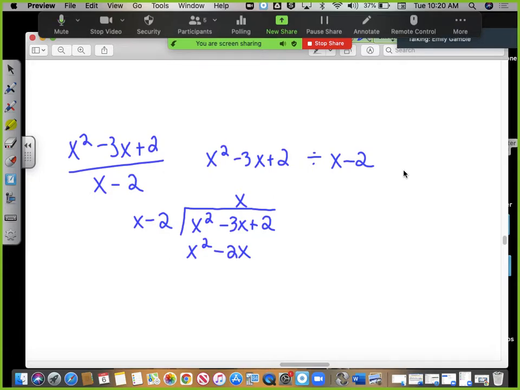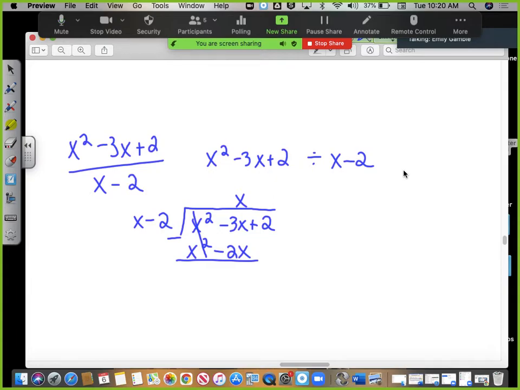The next process in long division is to subtract. So we take these first two terms and subtract them. X squared minus x squared will always end up canceling out as long as you're doing the process correctly. Then be very careful with the minus signs and the negatives.